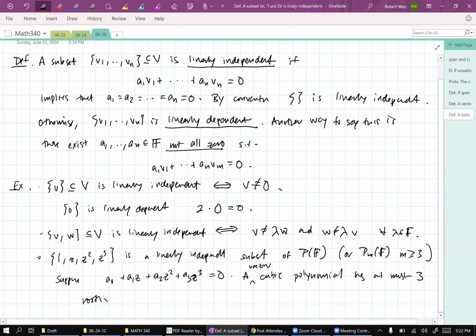So it must be that this is not actually a true cubic polynomial. This must be the 0 polynomial. So this implies that a0 equals a1 equals a2 equals a3 equals 0. Otherwise, we wouldn't be able to get more than 3 roots. So somehow linearly independent means not redundant. We sort of need all of these polynomials. If we got rid of any of the polynomials, then we would not be able to get all the polynomials as linear combinations as before.